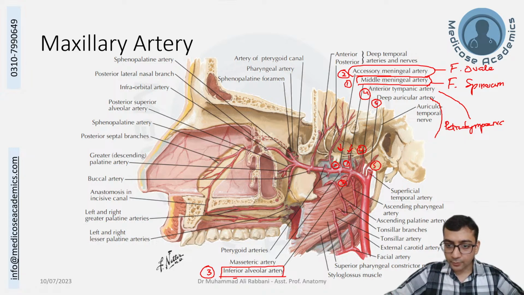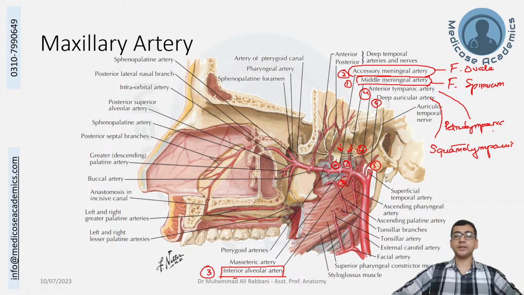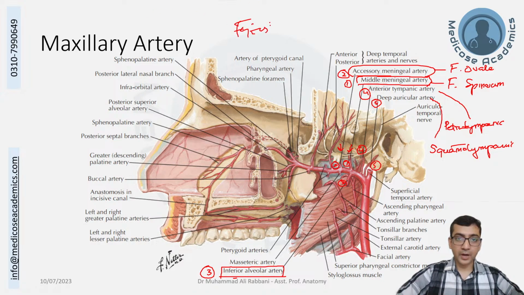And the one going to the back aspect, shown here, moves between the squamous part and the petrous part of the temporal bone. It is called the squamotympanic fissure. So here they are both entering. Here we are done with the first part of the maxillary artery.